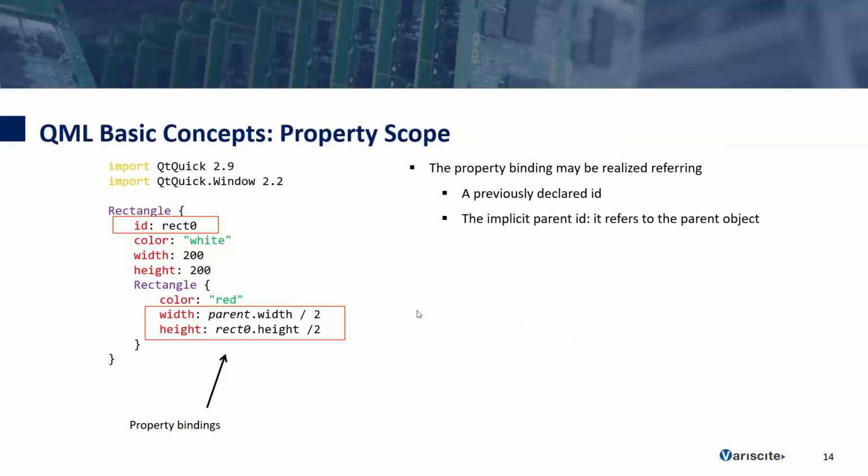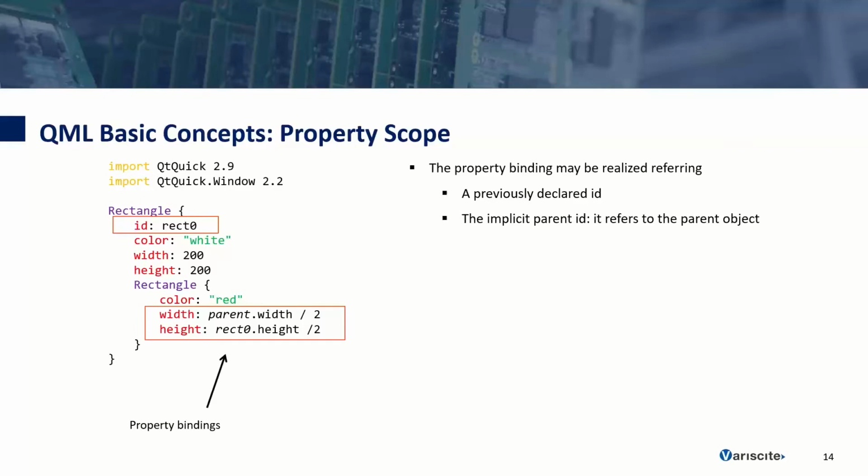This approach of linking the properties to each other is called property bindings. When we use property bindings, we always need to reference a previously declared ID, or alternatively, we can refer simply to the parent.